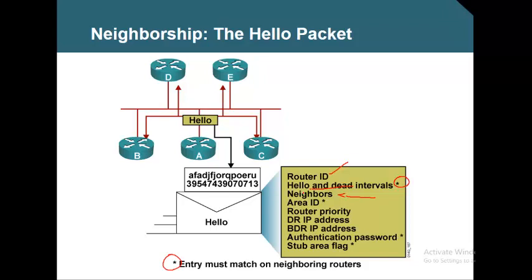And when A receives it, he understands that I know B now and B already knows D. So the neighbor information is also shared in the hello packet. Don't forget, the neighbor table is always shared in the hello packet.